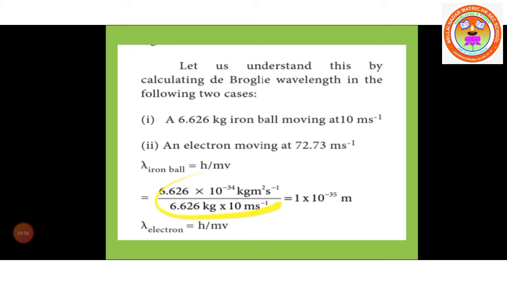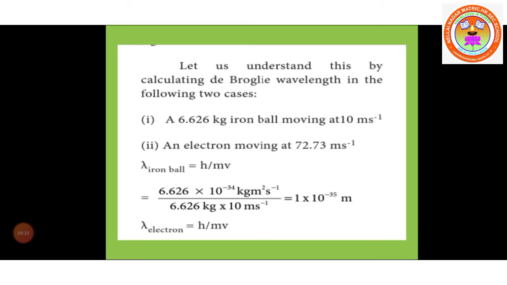We substitute all these values, then we have to simplify that. Here we cancel out kilogram, meter square, and meter, so remaining meter; per second cancels, so remaining we have the meter unit. Then we simplify, so we get the answer 1 × 10 to the power of minus 35 meter.